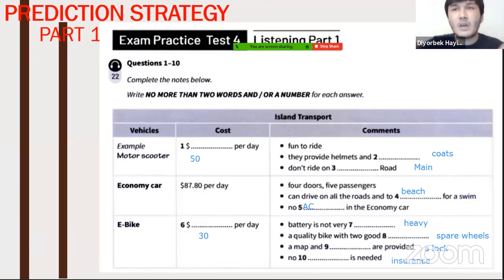At least you are not simply writing adjective, but you are actively forcing your brain to think of and recognize what's going to be mentioned in the recording. So this is my advice for listening part one. Basically, you try to predict the words themselves rather than what part of speech you're going to need.